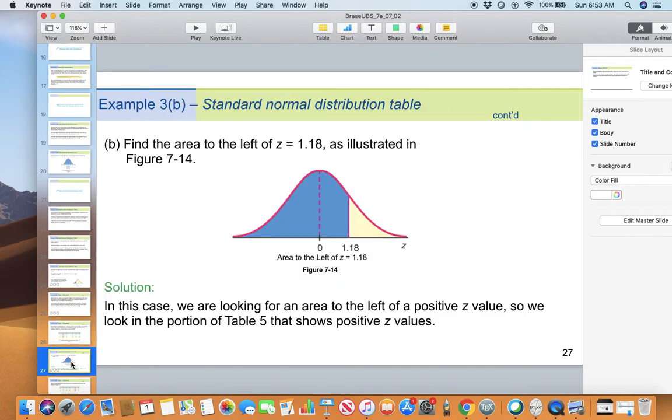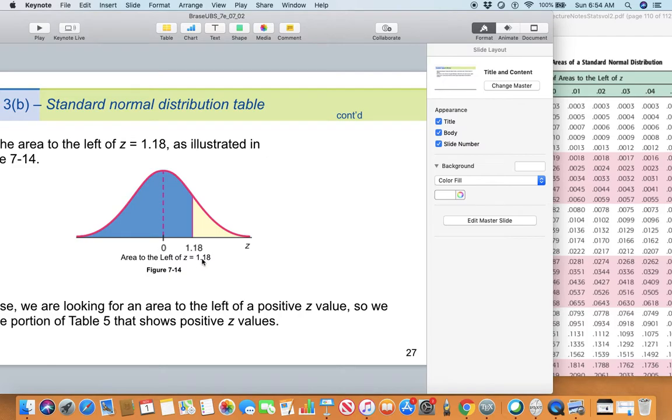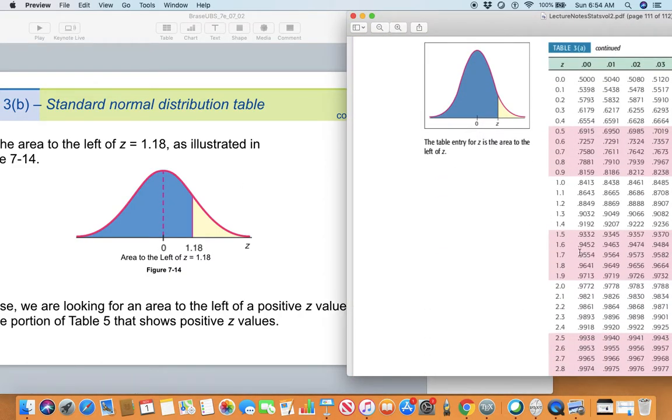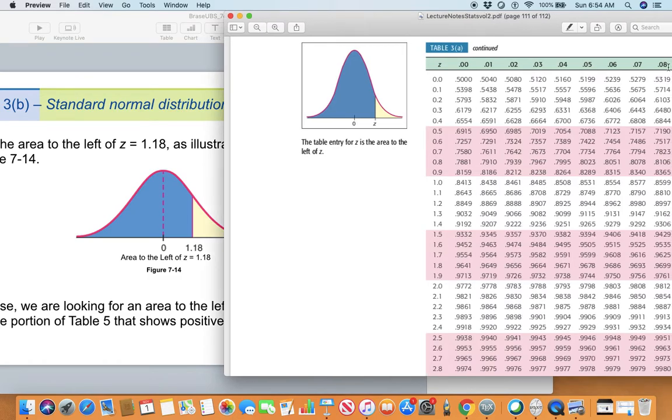Okay. Now, if you want to find the area to the left of positive 1.18, you're to the right of 0. I'll go to positive 1.18. So here is positive 1.1, that part. The 8 part, I go up and look here. There. That's the 8 part, the second place after the decimal point.